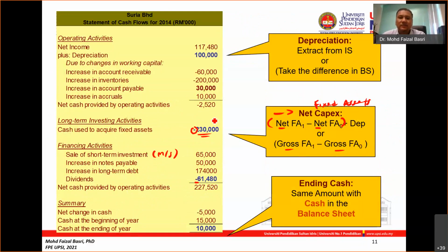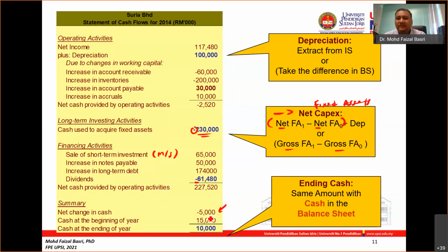And finally, what you need to do is simply solve these three items. So that means negative 2,520 minus 230,000, but plus 227,520. So all three items, when you combine, you should get this value, negative 5,000. Okay, you should get this negative 5,000.